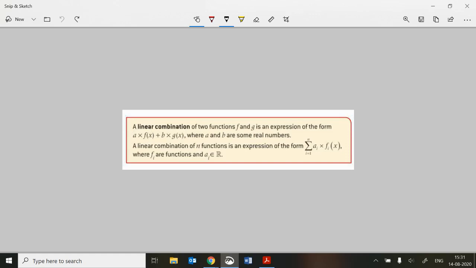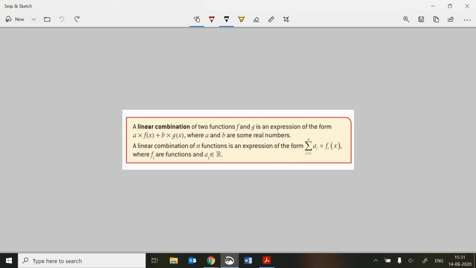Now, I don't really see where they're going with this one really, because then they say, well, if you add together many functions, in fact n functions, then you could say, well, instead of using a and b and f and g, you could just say, well, we've got f1, f2, f3, all the way up to fn, and so using I as your subscript here and ai as your coefficient, with I being the subscript there as well. So I'm not really sure where they're going with that.